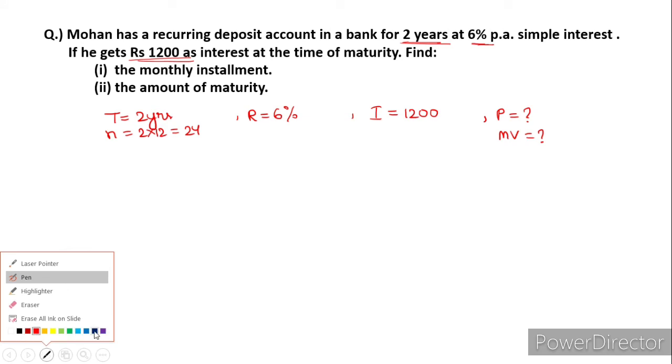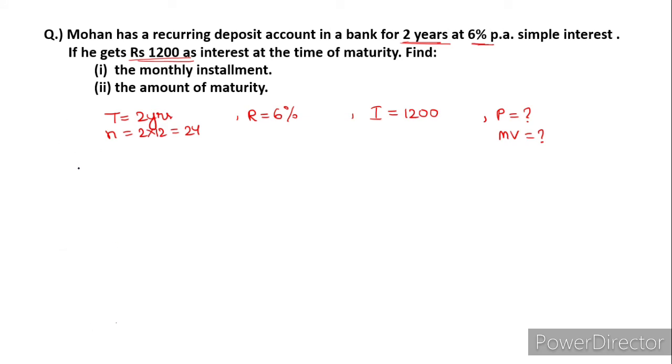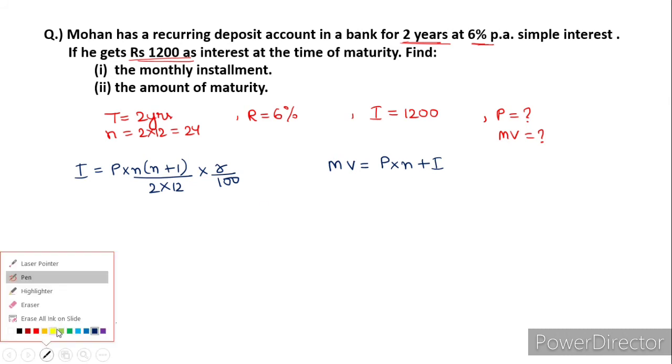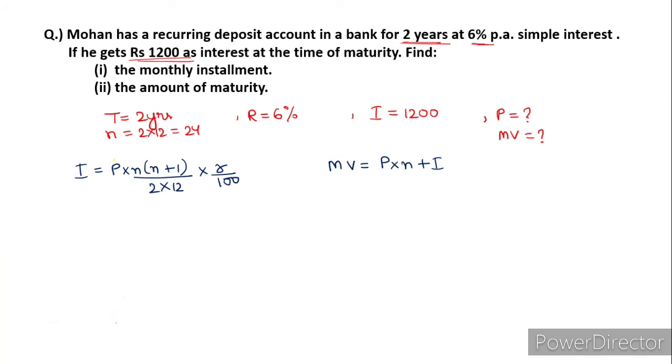See, first write the formula. The two formulas that we know. I is equal to P into N plus 1 by 2 into 12 into R by 100. The second formula is maturity value is equal to P into N plus I. What are the informations given? Look here. P is given, I is given, N is also given.